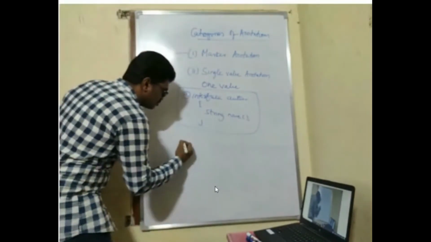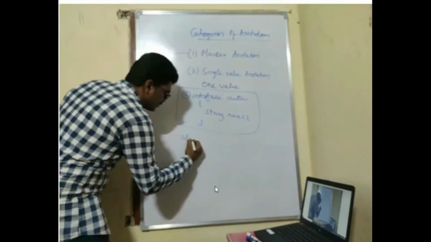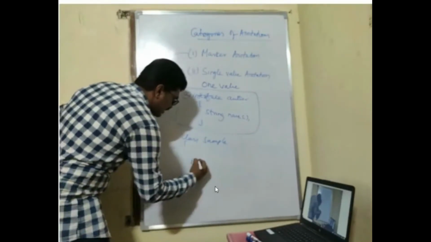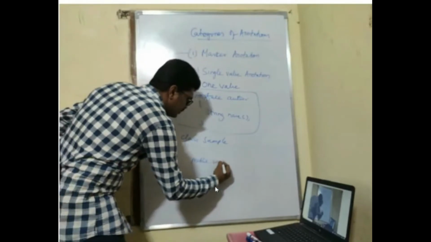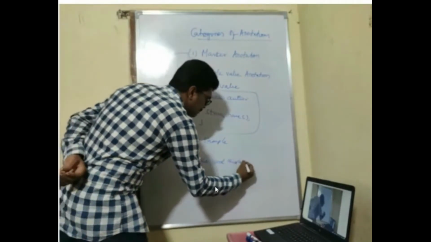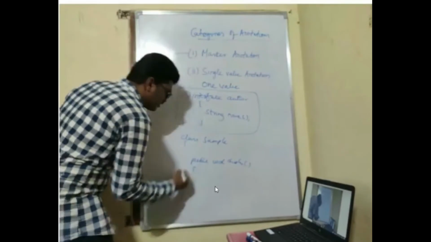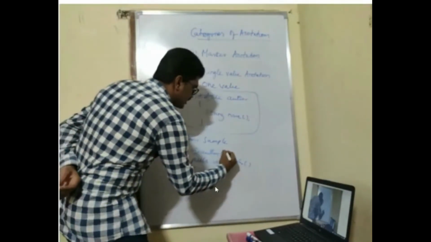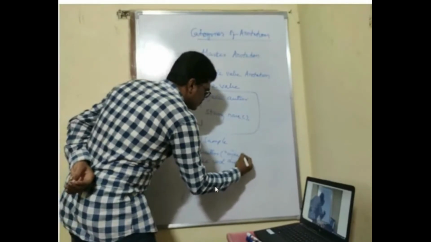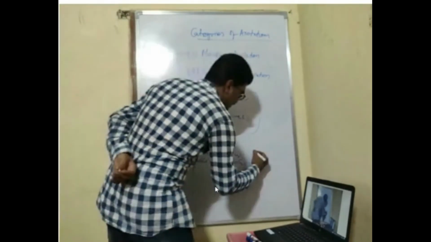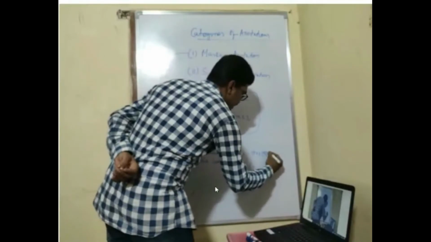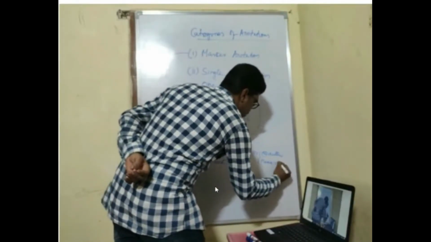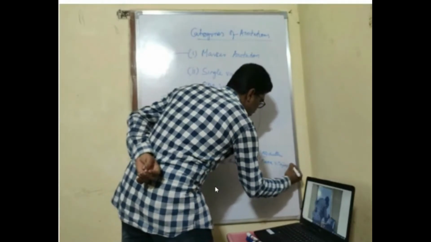Now how do I use it? Suppose I use some class, class Sample, and I have something like public void display, some method. To use this annotation, @author, you can give the value directly like this, or we have seen another way: @author, in brackets, name is equal to the value that you want to give.